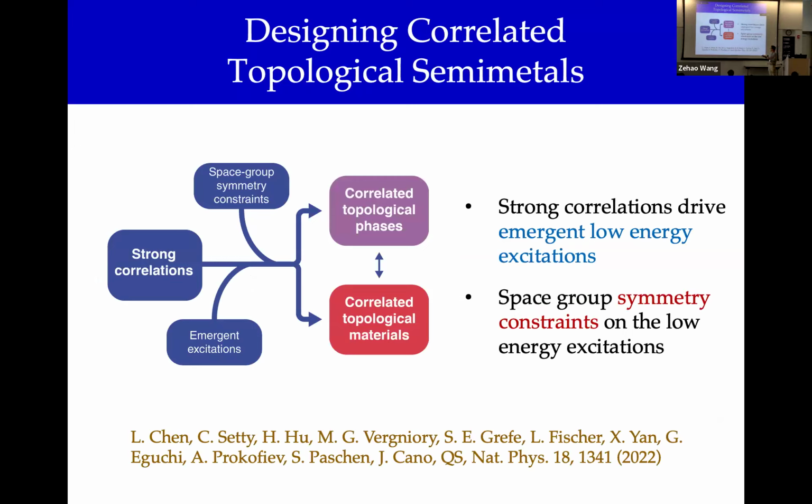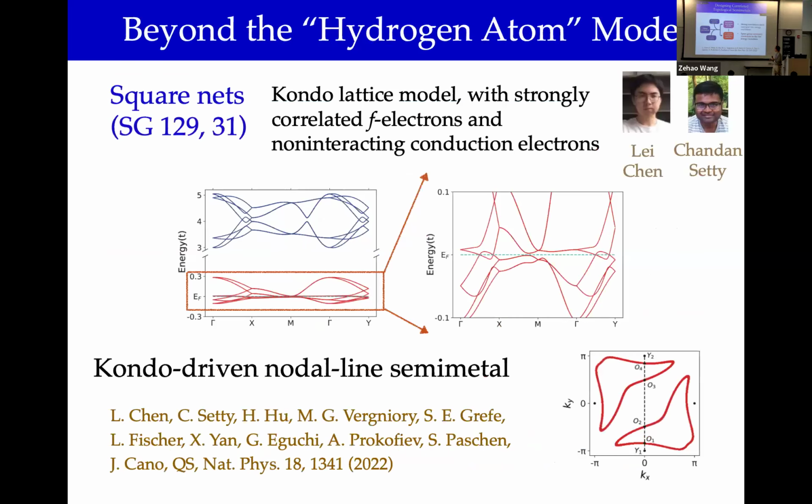The notion is, as I pretty much said, using strong correlations, in this case the Kondo effect, to produce low energy excitations. And these low energy excitations live in the same lattice, so they must be constrained by the lattice symmetry among other symmetries. That turns out to be a possible way to think about looking for materials.